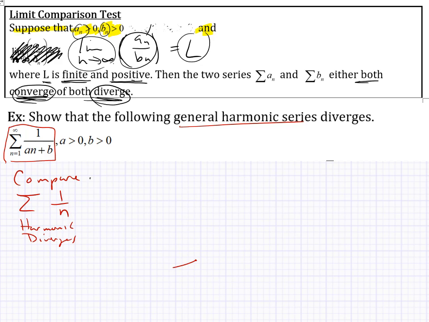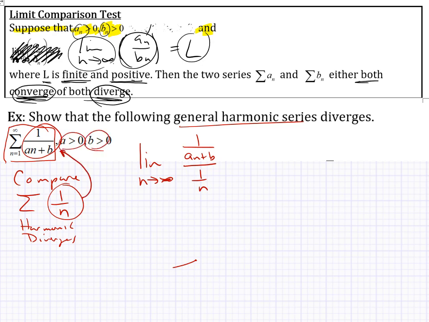And rather than do some sort of inequality like we did before, I do the limit as n goes to infinity of 1 over an plus b over 1 over n. This divided by this. It doesn't really actually matter the order. I could do this one divided by that one. a and b being just two positive constants. Look at what happens here.